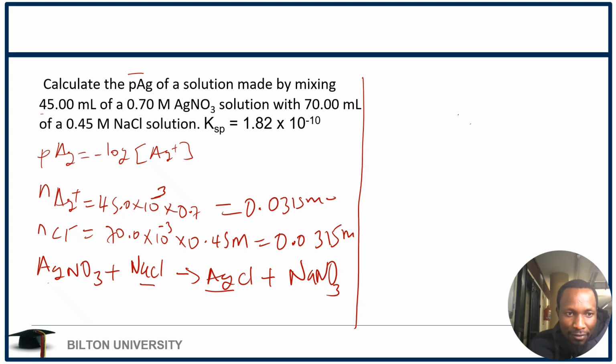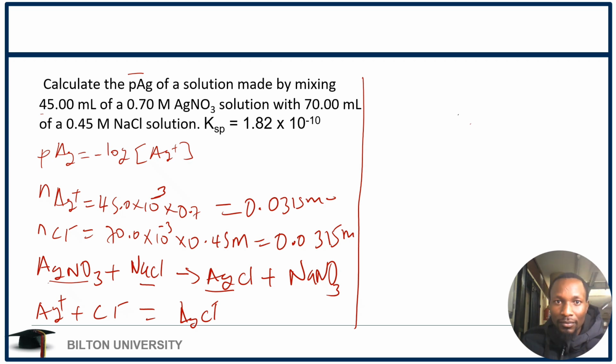But in the solution form, we have silver ions in aqueous form, and then we also have the chloride ion in aqueous form, and this is going to give us silver chloride, which is a white precipitate. So we have silver ions reacting with the chloride ions to give us silver chloride, which is a precipitate.